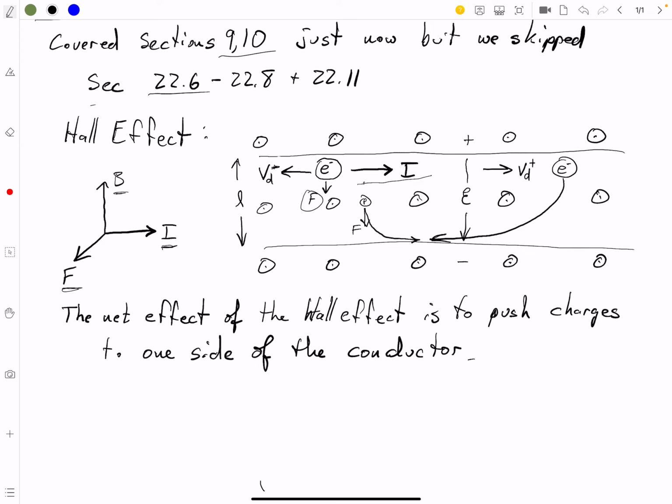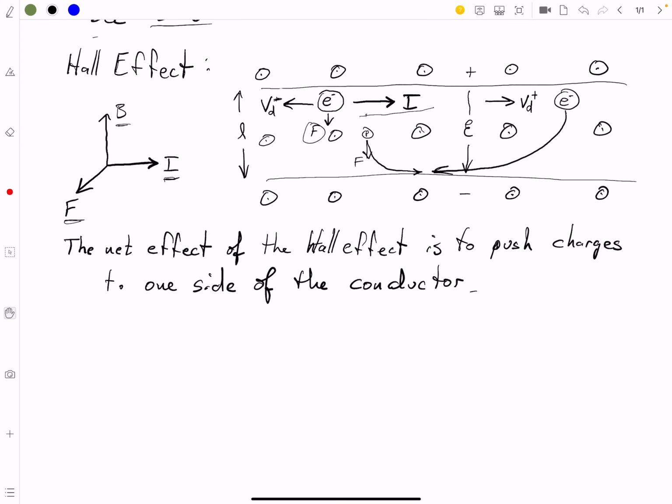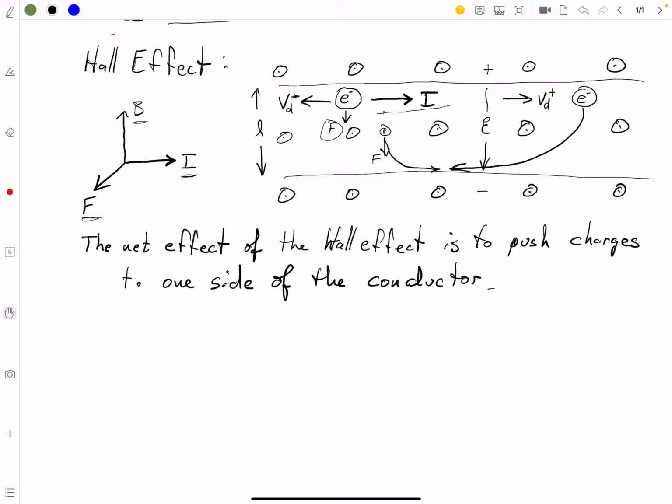So eventually, did I say it was an EMF? Yeah. Okay, so we have this Hall EMF. Let's call it Hall.